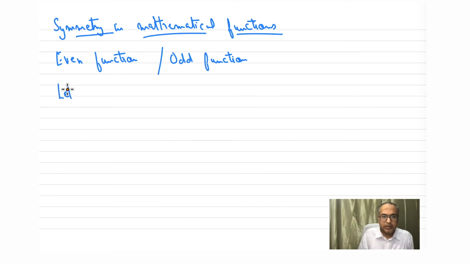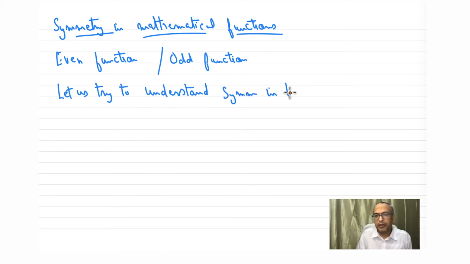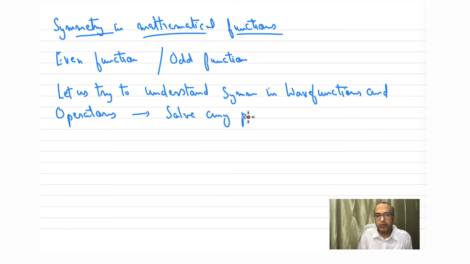So let us try to understand symmetry in wave functions and operators and see if we can solve any problem using it.